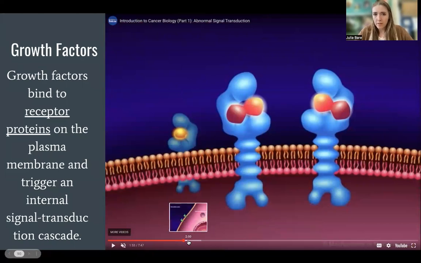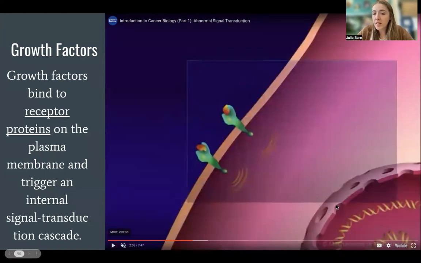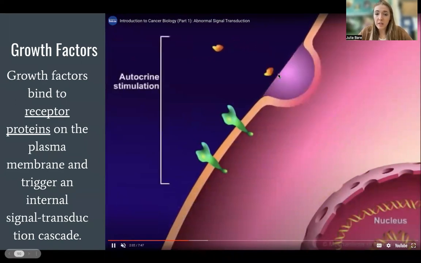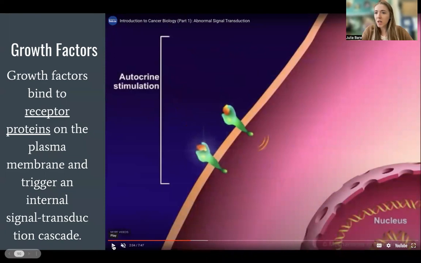That's normally what happens. In cancer, or in cells that have been somehow mutated to not do this process appropriately, you can get what is called autocrine signaling. So autocrine signaling is when a cell can make its own growth factor. That growth factor is then going to be released from the cell and triggers its own receptors. So this is not a mutation in the receptors in this case.